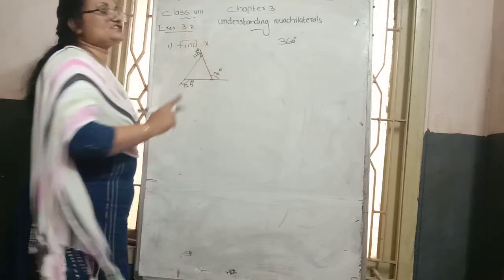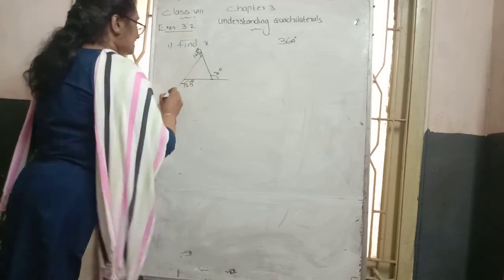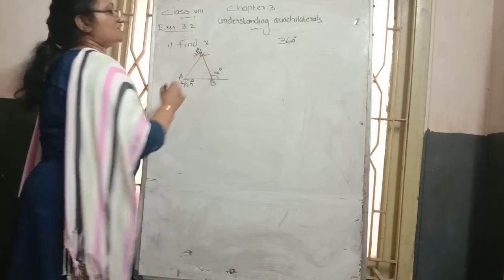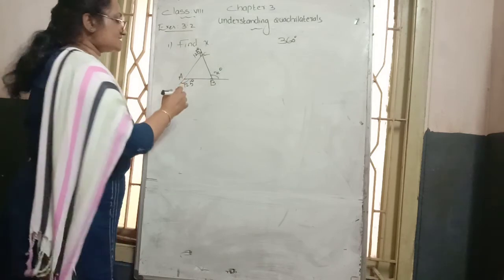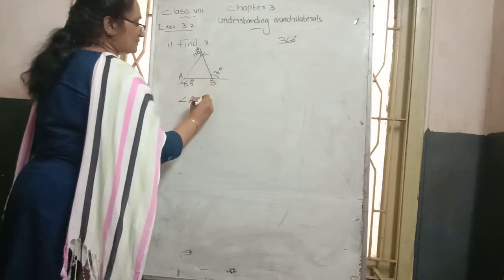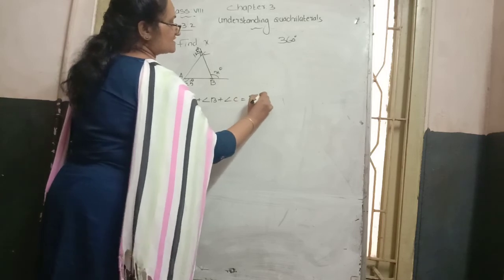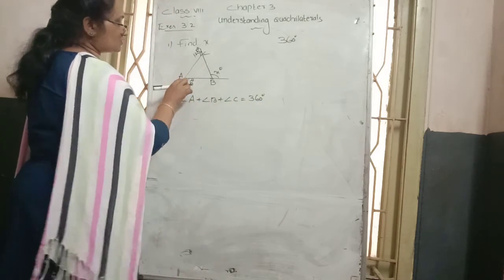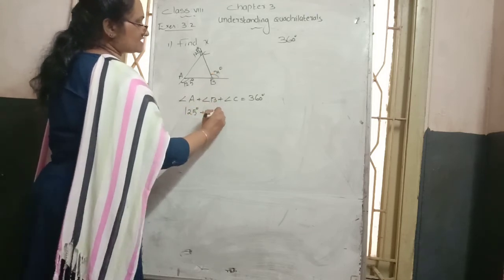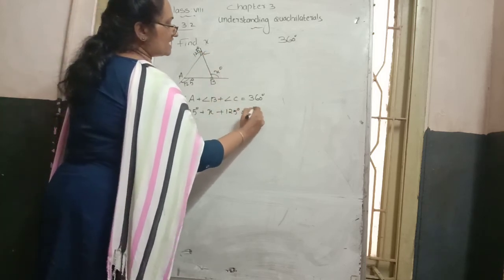Already I said the sum of the exterior angles of a polygon is 360 degrees. That's why we can apply that property here. Mark the angles as A, B and C. We add the exterior angles. So angle A plus angle B plus angle C is 360 degrees. A's exterior angle is 125, B's exterior angle is x, plus C's exterior angle is 125 degrees, equal to 360.